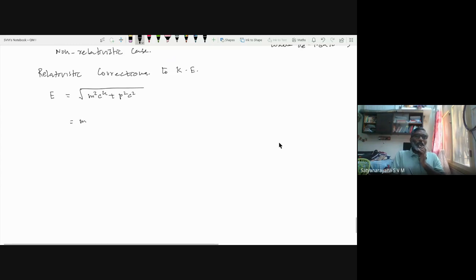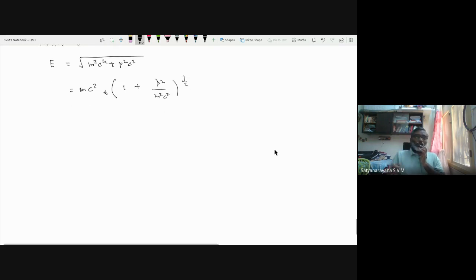Now if you pull out m square c to the power 4, then this is going to be given by mc square into 1 plus p square by m square c square to the power half. Okay, now you can write this as mc square into 1 plus half p square by m square c square plus half into half minus 1 by factorial 2 into p square by m square c square to the power 2, and so on.